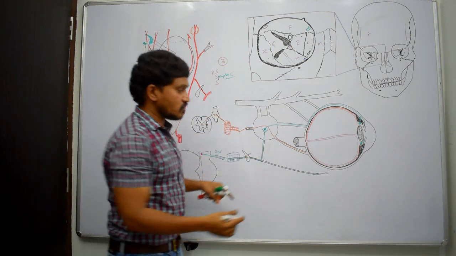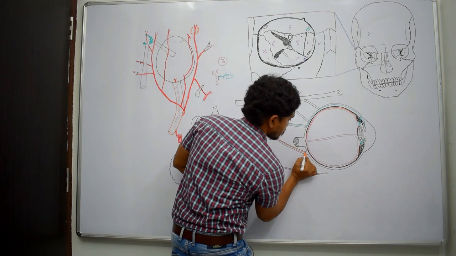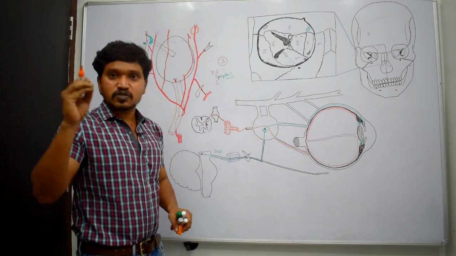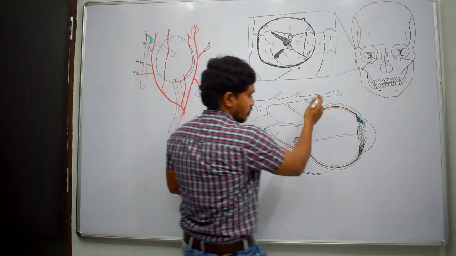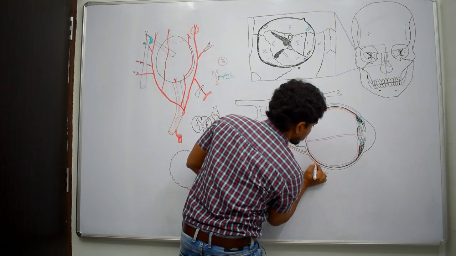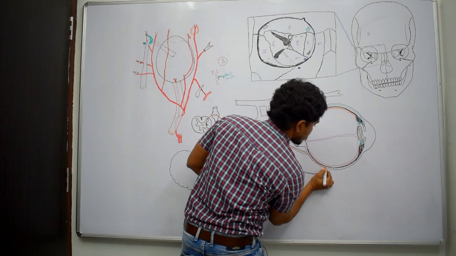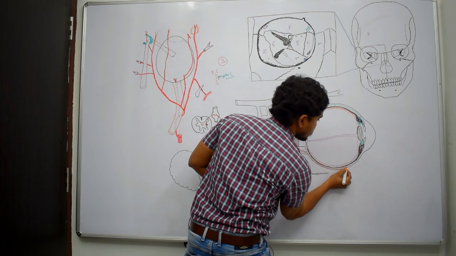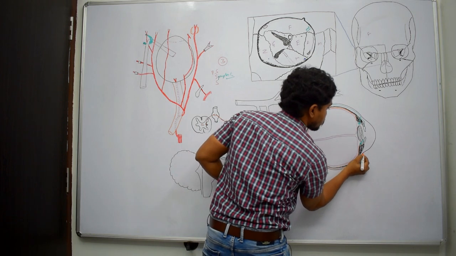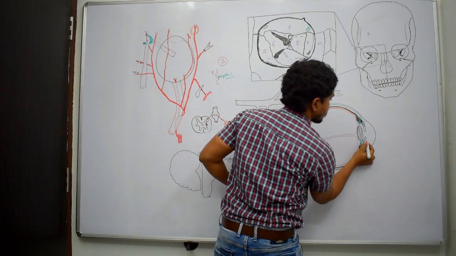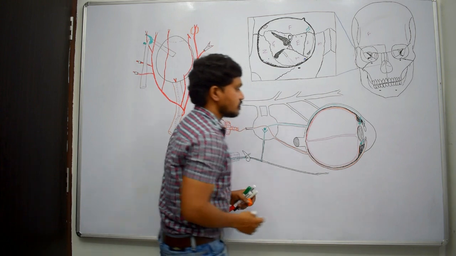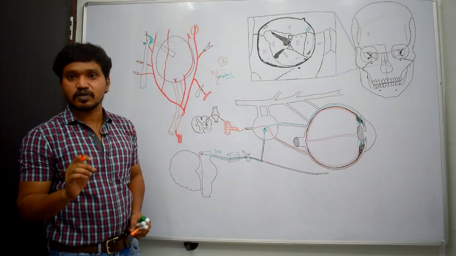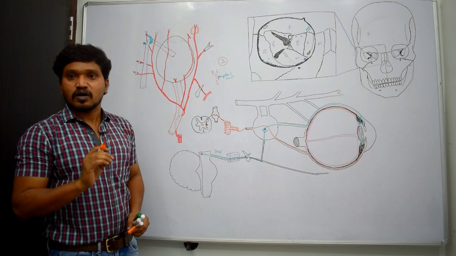Clear? So these fibers pass through the short ciliary nerves, then enter the space between the sclera and choroid, then run within that space and reach the dilator pupillae and blood vessels of the eyeball.